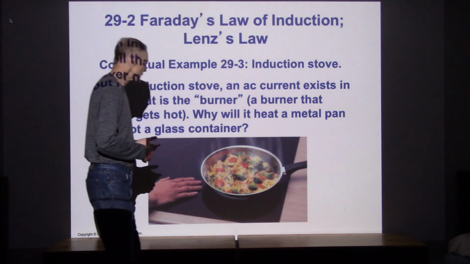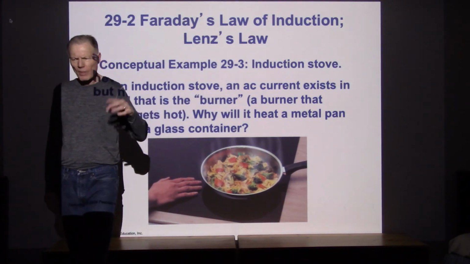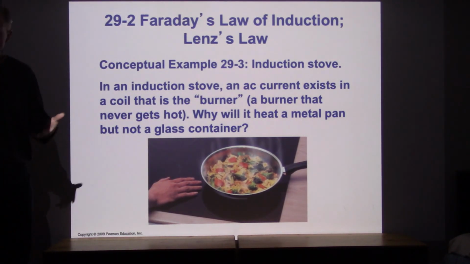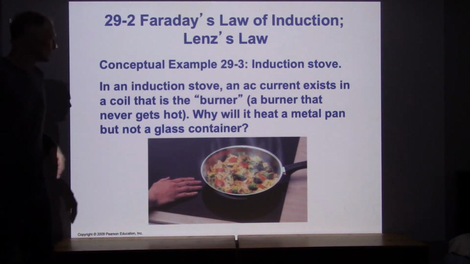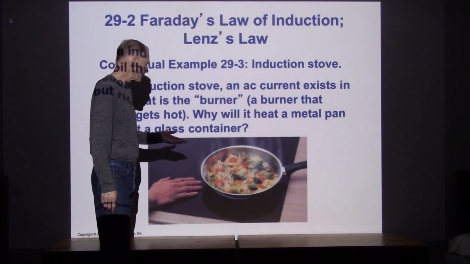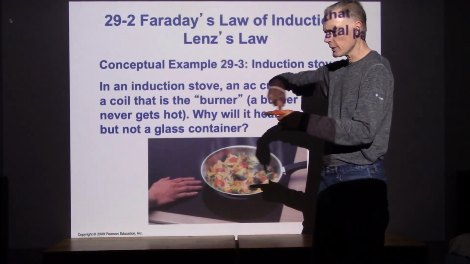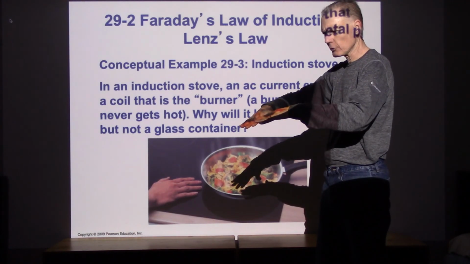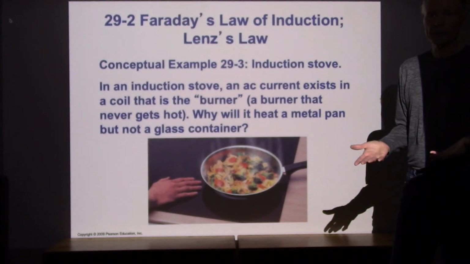Now, if a piece of metal is in a region where that magnetic field is changing, then Faraday's law says there must be an EMF being generated. So another way of looking at this is what happens is this. We have currents of wire in the range top that are speeding up and slowing down. Those are accelerations.